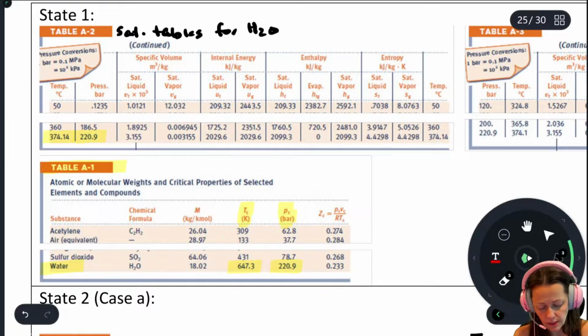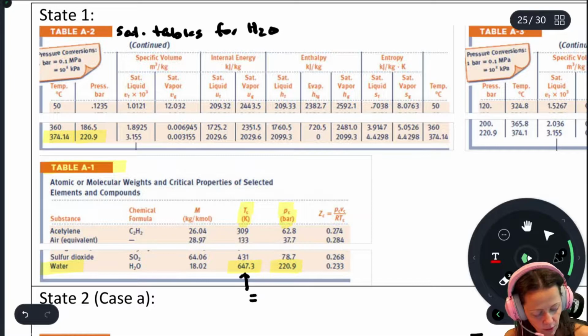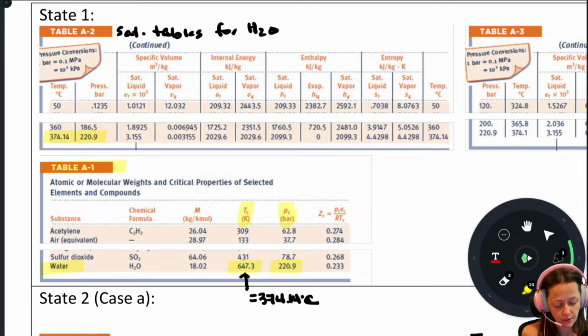You'll notice that this one is in degrees Celsius, and this one is in Kelvin, but it's the same: 374.14 degrees Celsius. And then in the table, it's in Kelvin. So same thing. Great.